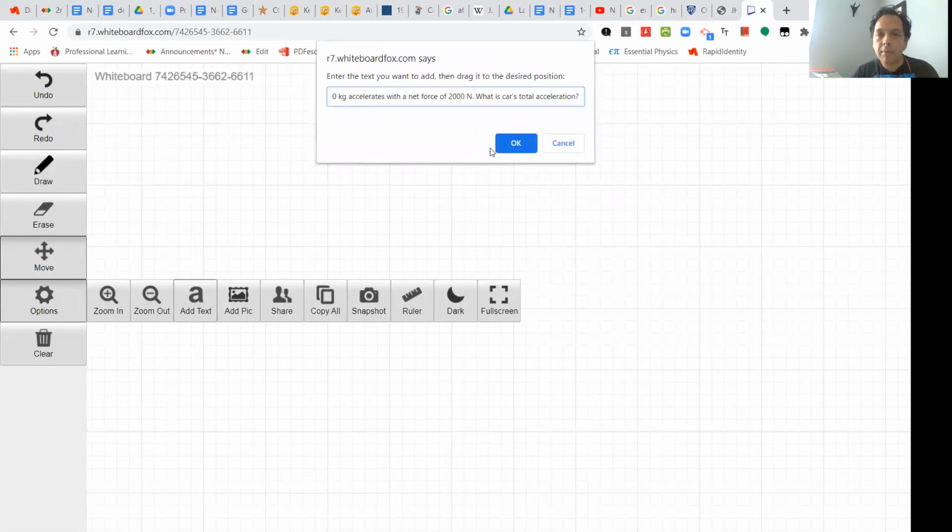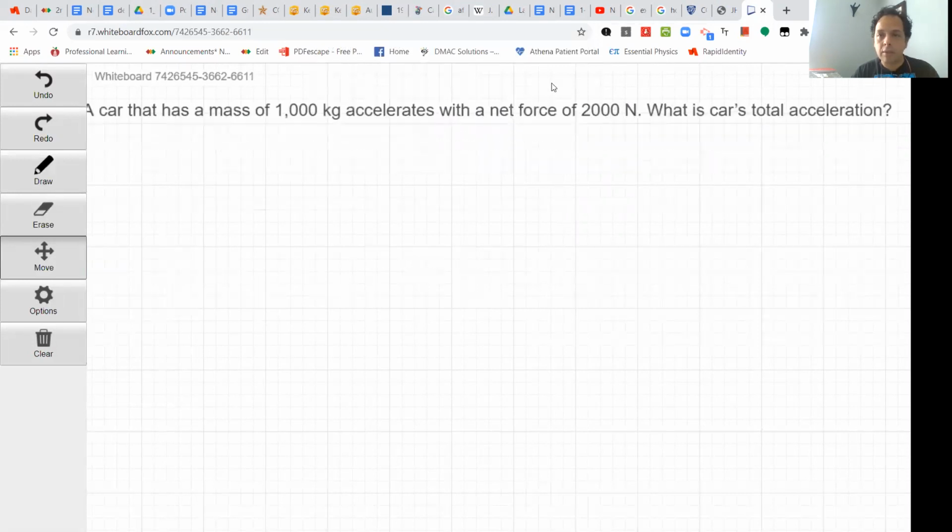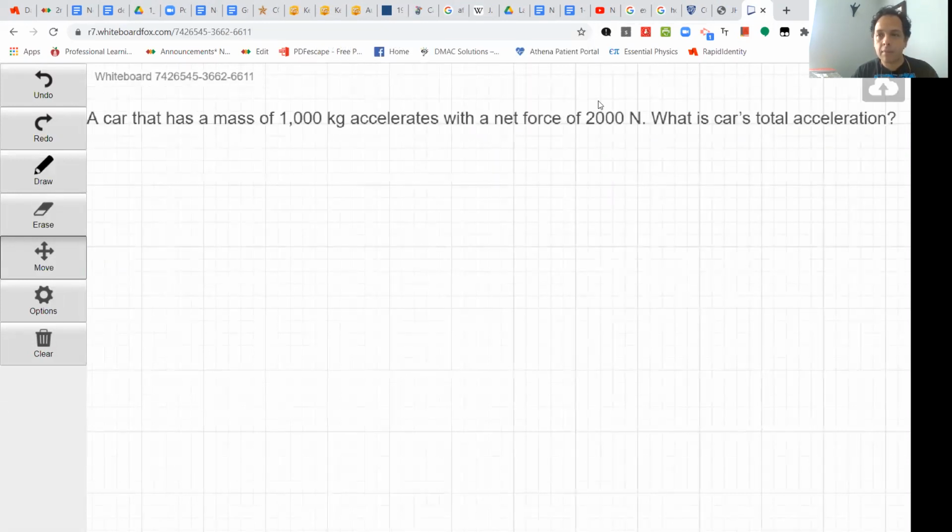I like having the problem here on the page. All right, so a car that has a mass of 1,000 kilograms accelerates with a net force of 2,000 newtons. What is the car's acceleration?